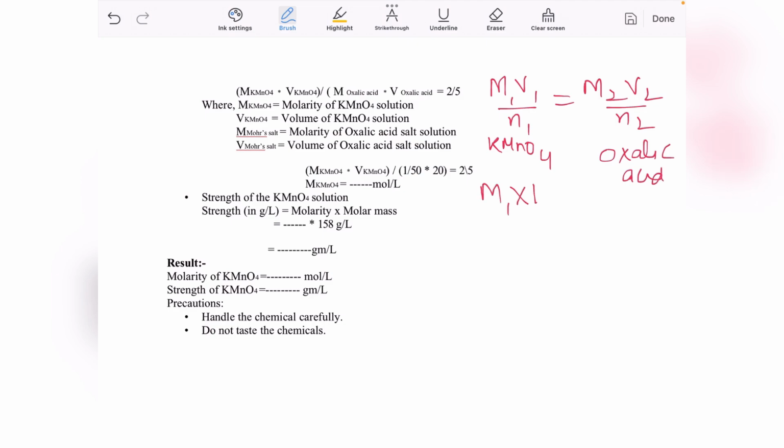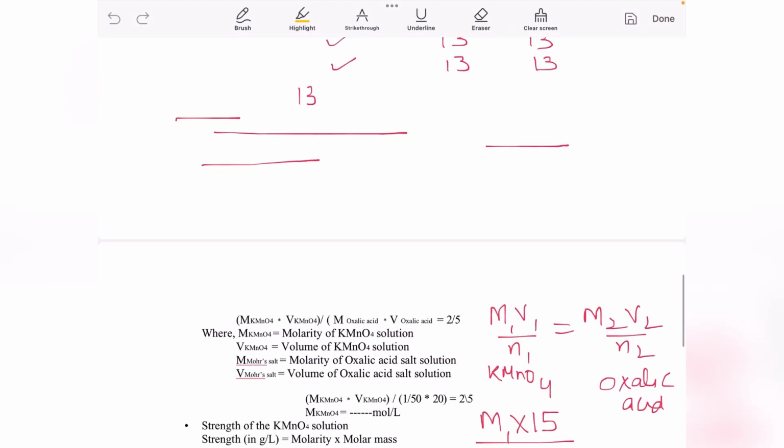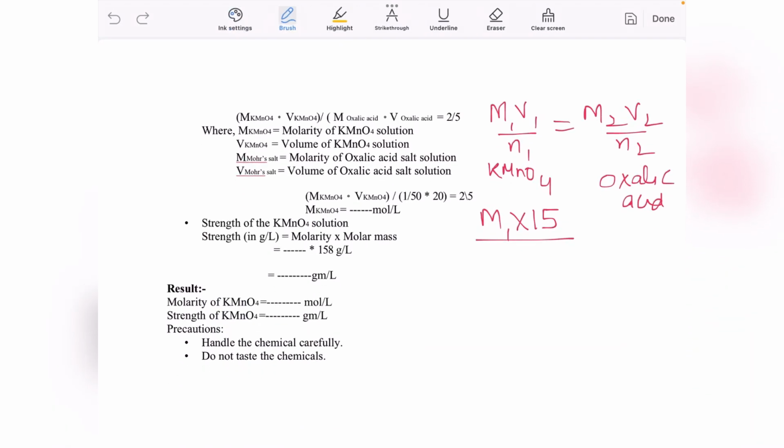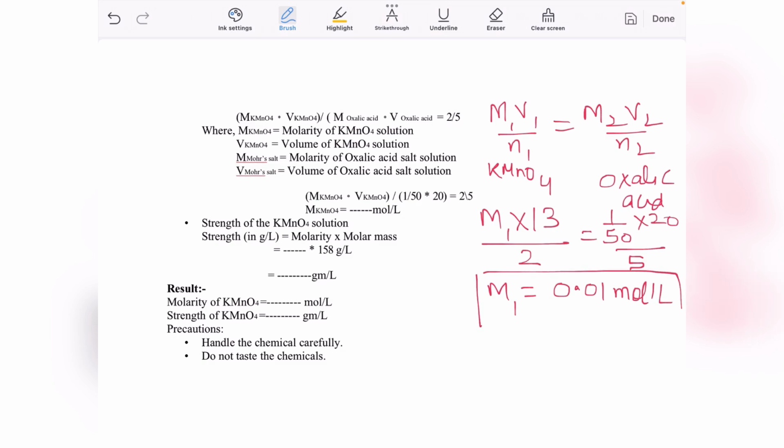V1, sorry, not 15 ml, I have taken 13 ml. N1 is 2, M2 is 1 upon 50, V2 is 20, and N2 is 5. So M1 here comes out after solving it 0.01 mole per liter molarity of potassium permanganate.